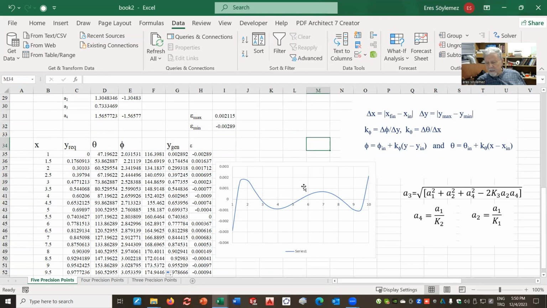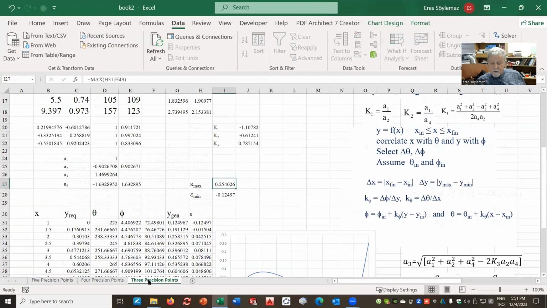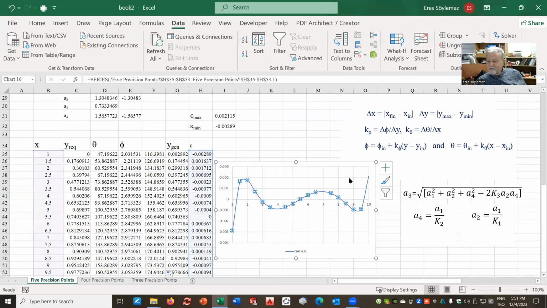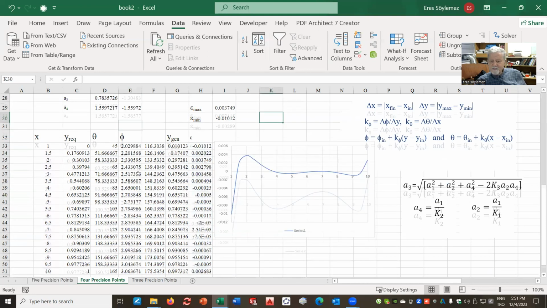By the way, let me say this fact. Whenever you are doing 3 precision point synthesis, if you change theta initial and phi initial several times, do trial and error, you may end up with a 5 precision point synthesis result, or 4 precision point synthesis result, okay?